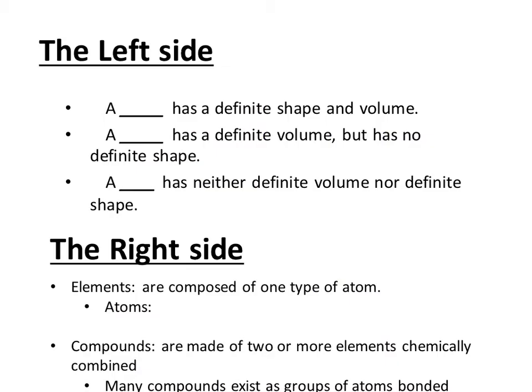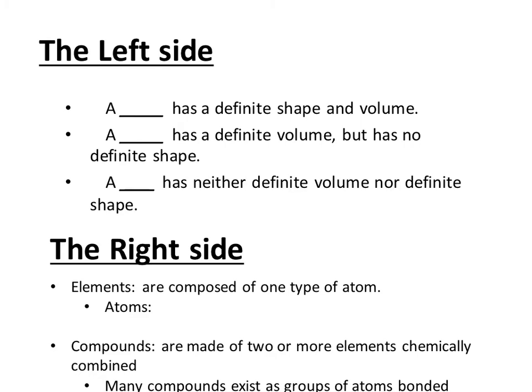So come over here, and we start talking about what's on the left-hand side of the chart. The things that fit into the left-hand side are basically the phases of matter that we're encountering. First of all, the main types of matter.